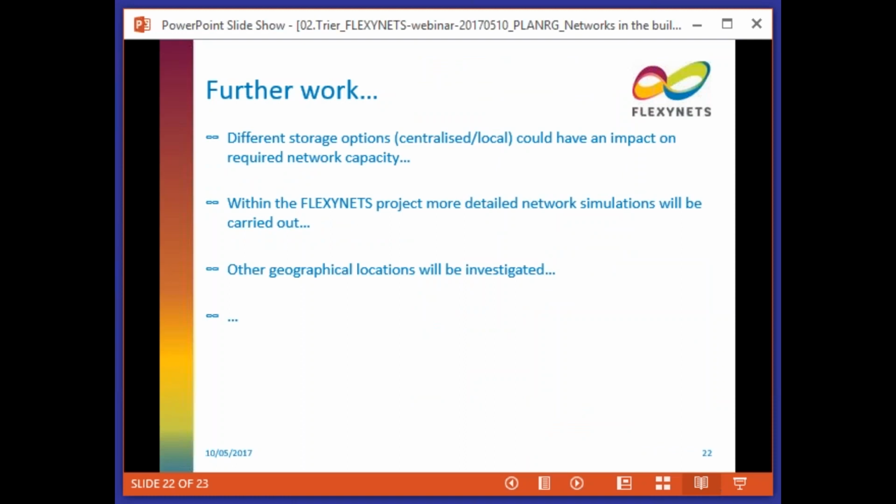So the next steps will be different storage options also to influence that and optimize that part and combine with this analysis. And also more detailed network simulations will be carried out and different geographical locations will be investigated. So I will conclude on this and give the word back to the organizers. Thank you very much.